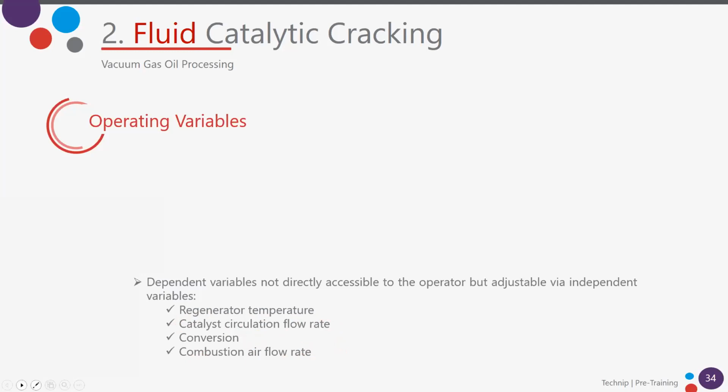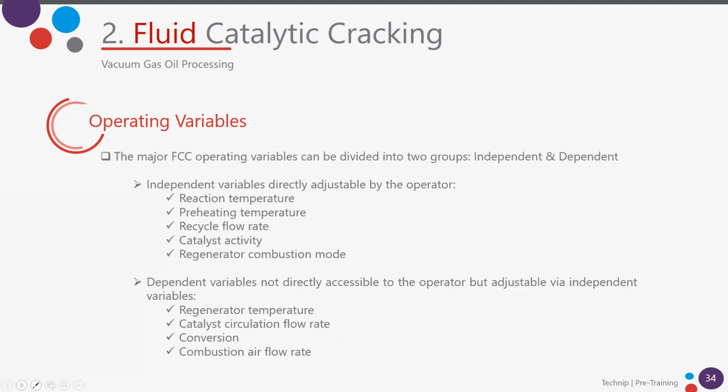So we have independent and dependent variables. We will focus more now on these independent variables. We will see the definition of these variables, and we will have an overview of the effects on the dependent variables when we move one of them, okay?